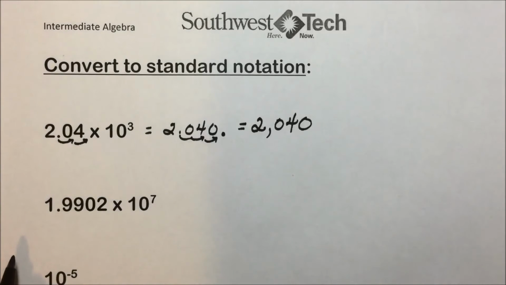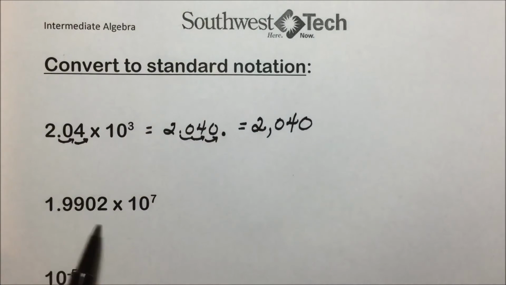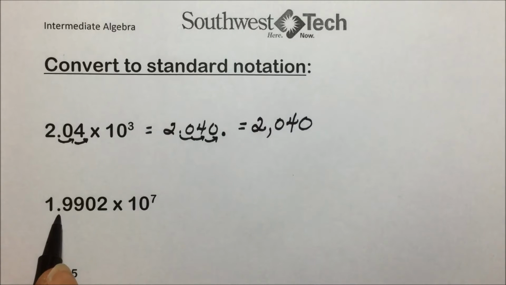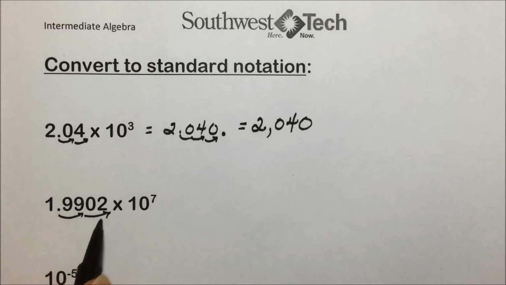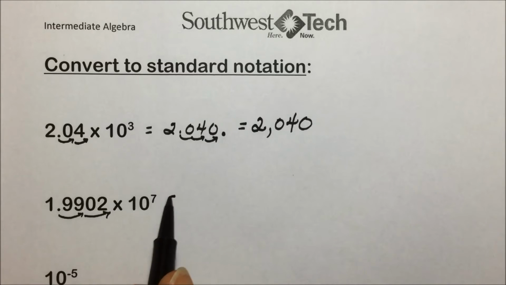2040. In this next example, we have this number in scientific notation raised to the 7th power. When you have a positive exponent on your 10, it means that we have a large number. Your decimals will be moved to the right, and we only have enough for 4 places, and we need to move 7 powers of 10 on our number.